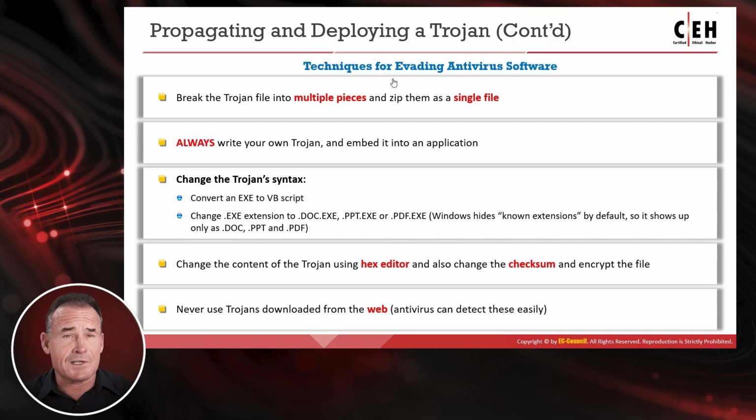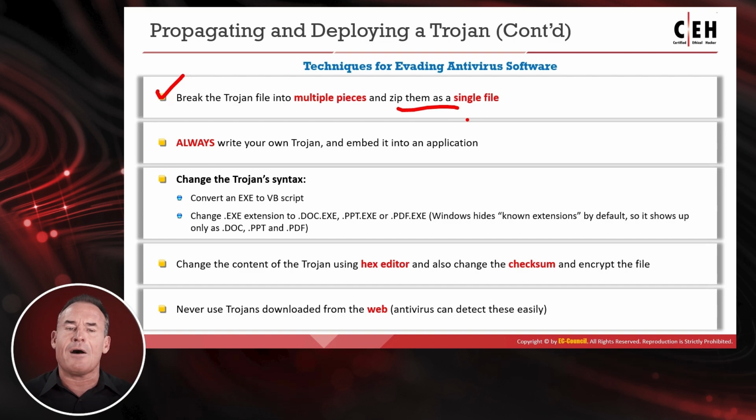But if that signature string has been altered or encoded or packed or whatever, then it doesn't read correctly and it can't be identified. So techniques for evading signature-based detection are to break the Trojan file into multiple pieces, zip them as a single file. I'm not real sure I like the way that's worded. How about this?